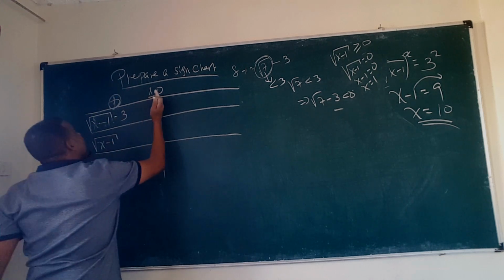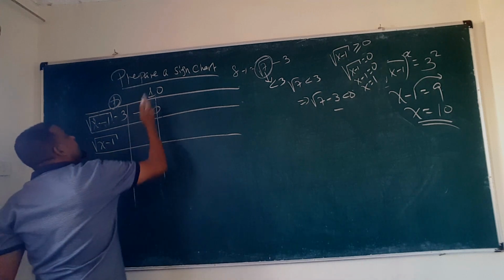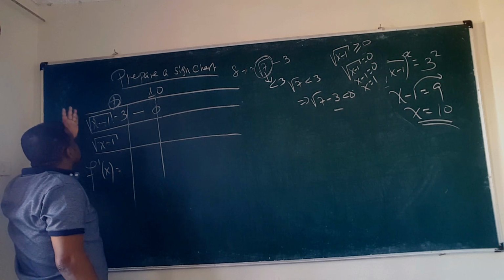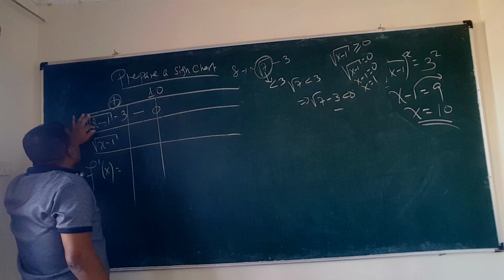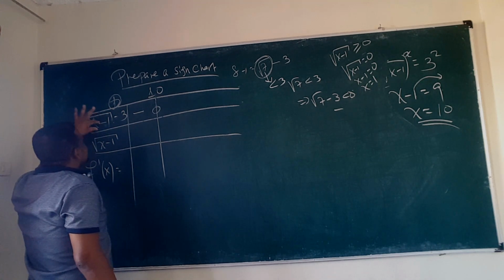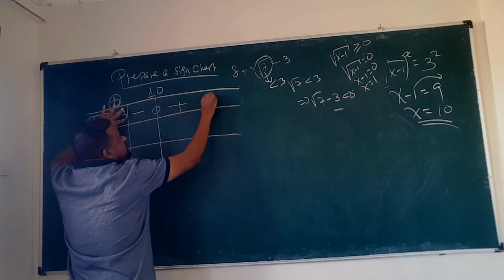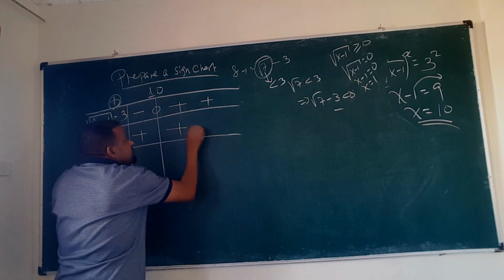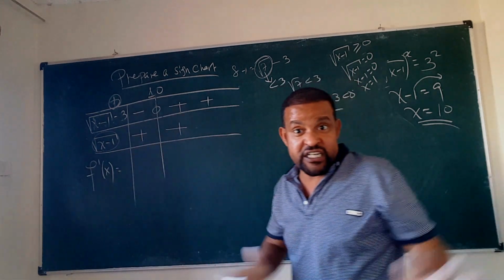What about values greater than 10? For example, 17: 17 minus 1 is 16, the radical is 4, 4 minus 3 is 1, positive. The radical of x minus 1 is always positive for x greater than 1.